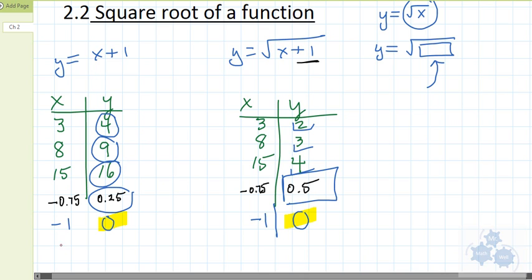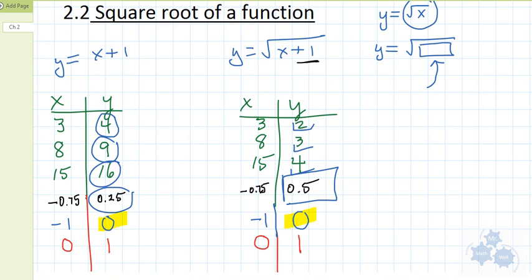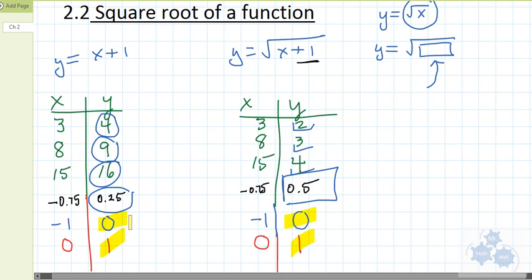I actually can't remember. But I'm just confirming some of the stuff. Okay, so I'm going to do one more for you. What about 0? The y value is 1. So 0 plus 1 is 1. The square root of 1 is 1. So when we have 0 underneath the radical sign, its square root is still 0. When we have 1 underneath the root sign, its square root is still 1.